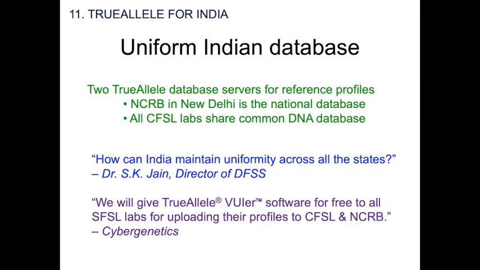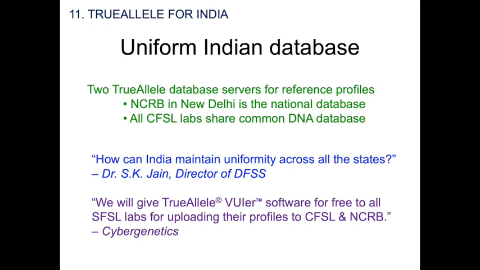It would be good if India had a uniform DNA database that was powerful, that could use its reference samples to actually match against evidence, ultimately, and solve crimes. There are 2 TrueAllele database servers that might be used for reference samples. From my understanding, there's going to be one database in NCRB in New Delhi as the national database, and all the CFSL labs will share a common database.